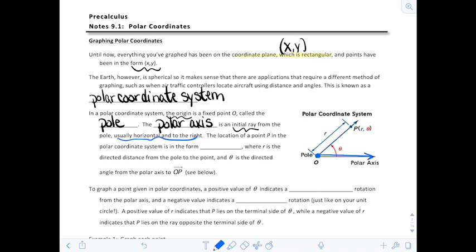The location of a point P, and again, it is a point, is in the form r, theta instead of x, y. So r is now going to be the distance from the pole to the point, and theta is the directed angle from the polar axis, just like our direction angles that we talked about in chapter 8.